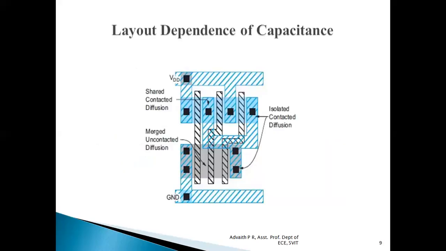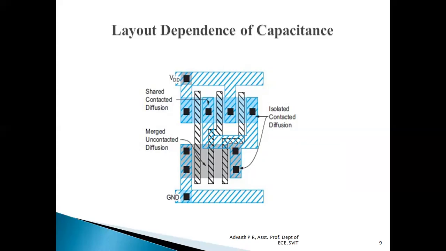And finally, let us understand layout dependence of capacitance. In a good layout, diffusion nodes are shared wherever possible to reduce the diffusion capacitance. The uncontacted diffusion nodes between series transistors are usually smaller than those that must be contacted. Such uncontacted nodes have lesser capacitance and contacted nodes have more capacitance.